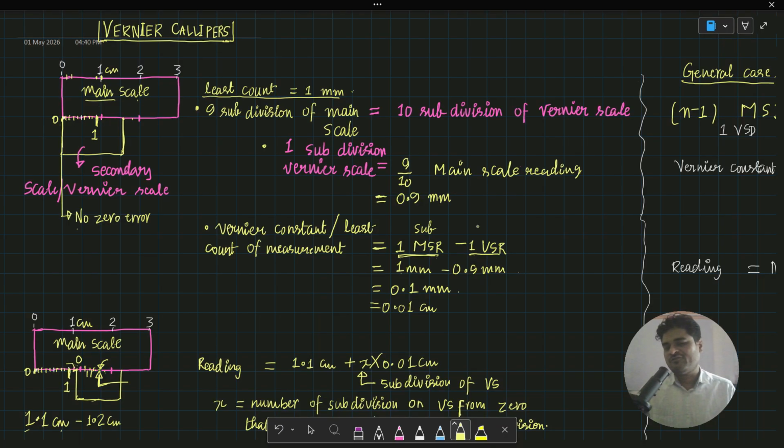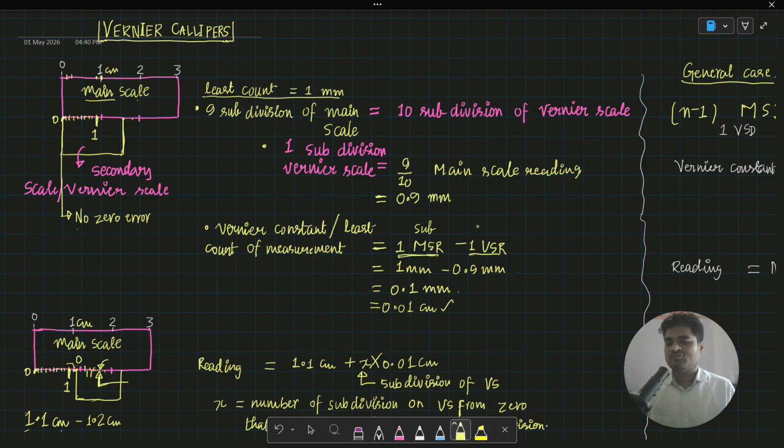So from two scales of different least counts, we have made a device that can measure 0.01 centimeter. Essentially it can measure 1/10 of main scale reading, so the least count of this Vernier scale becomes 1/10 of main scale reading.